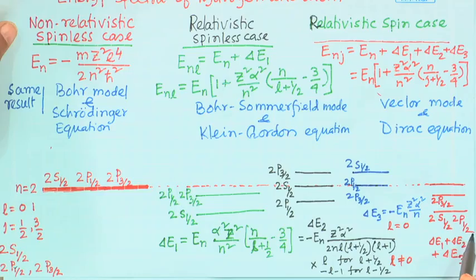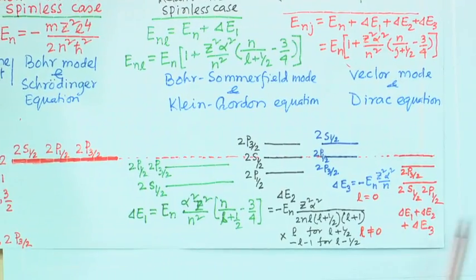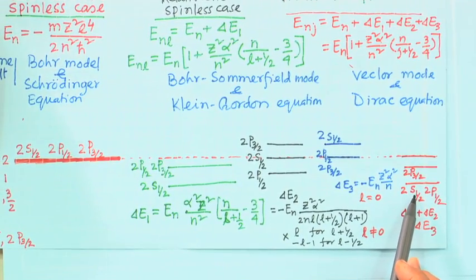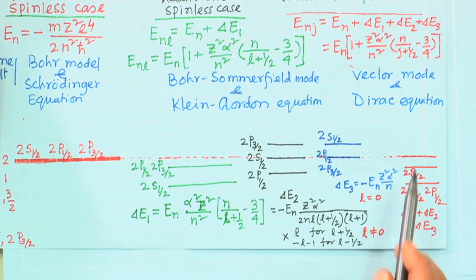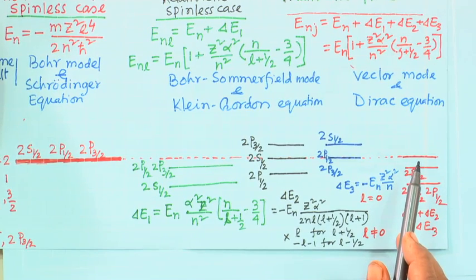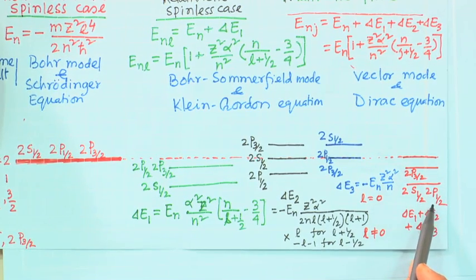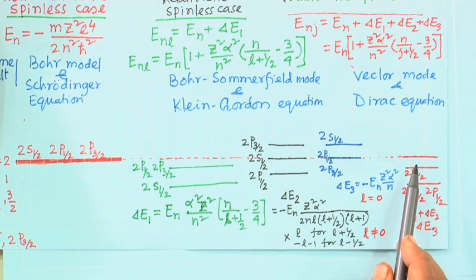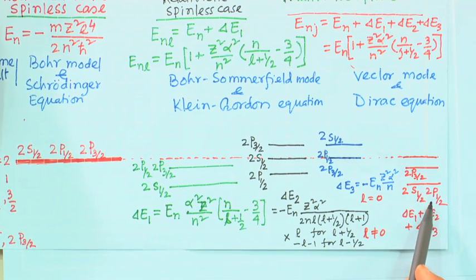In this radio wave experiment, they found that this S1/2 and P1/2 do not have the same energy. S1/2 is shifted upwards from the P1/2. So they have some energy difference.